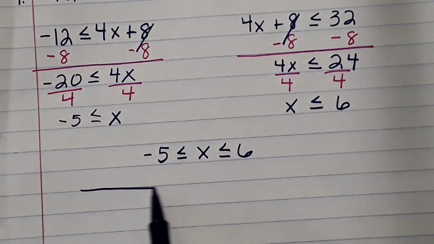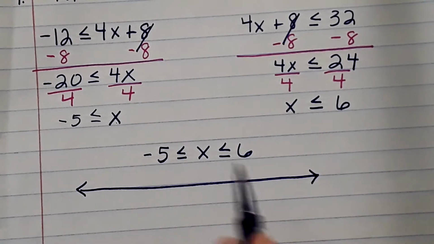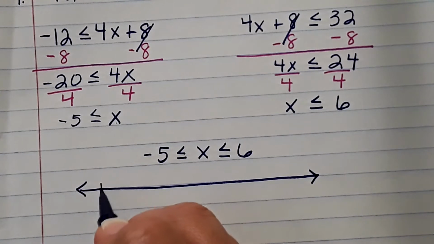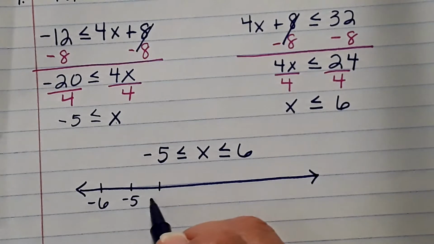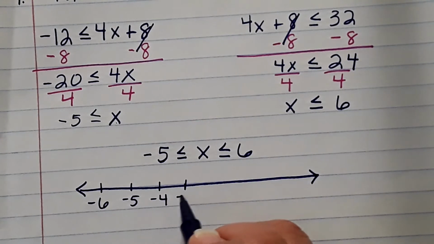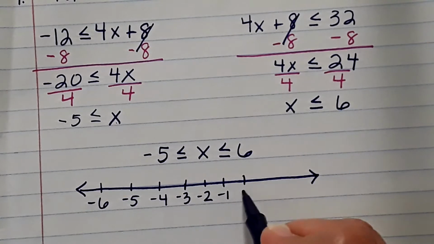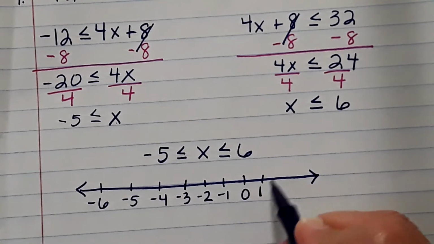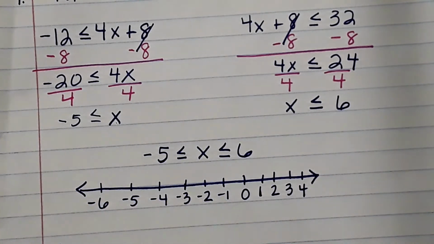And we're going to draw a number line. Oh, I knew I was going to run out of room.